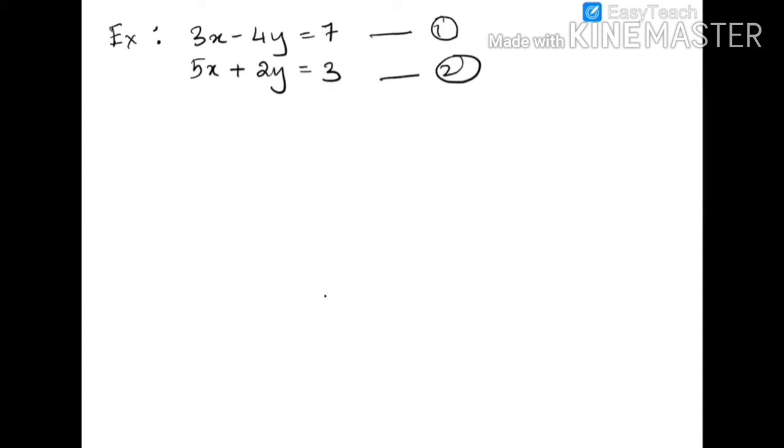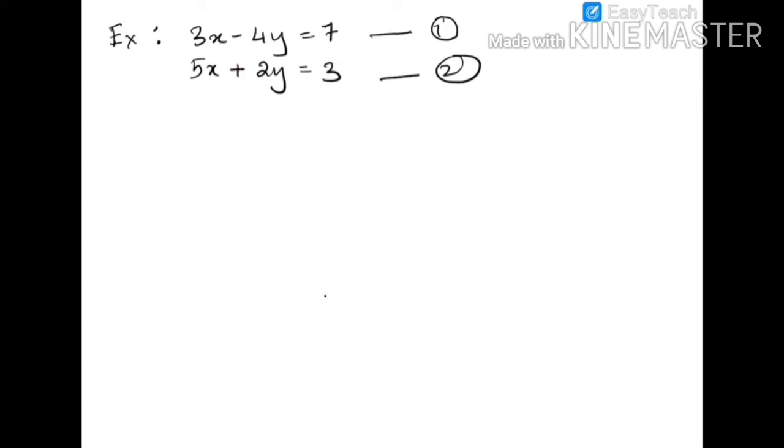Now we can make coefficients of x numerically equal if we multiply the first equation by 5 and the second equation by 3. So both coefficients will become 15. But if you notice the coefficients of y, we only have to multiply 2 to the second equation, so it will become numerically equal to the coefficient of y in the first equation, and also the signs are different.